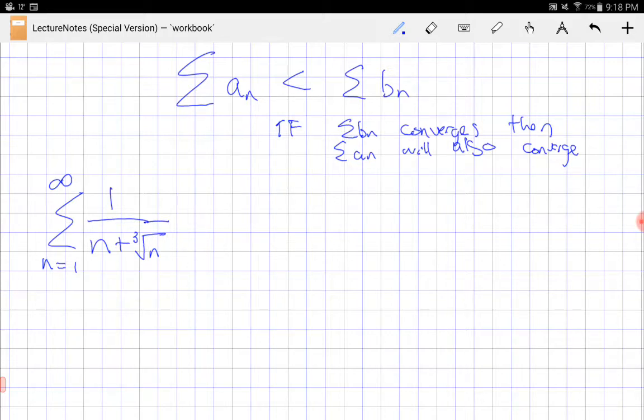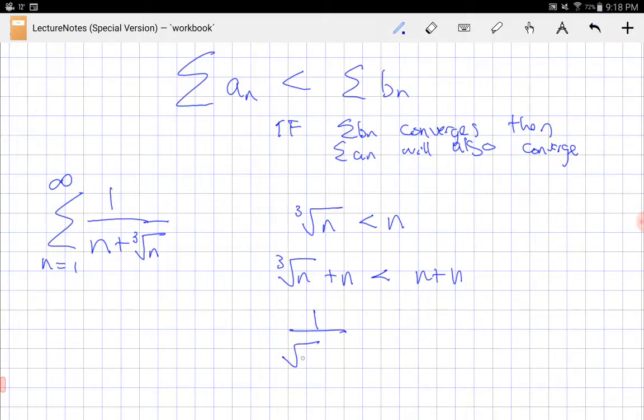I don't know what this equals, but I do know that the cube root of n is less than n, which means that the cube root of n plus n is less than n plus n, which means that 1 over the cube root of n plus n is greater than 1 over 2n.